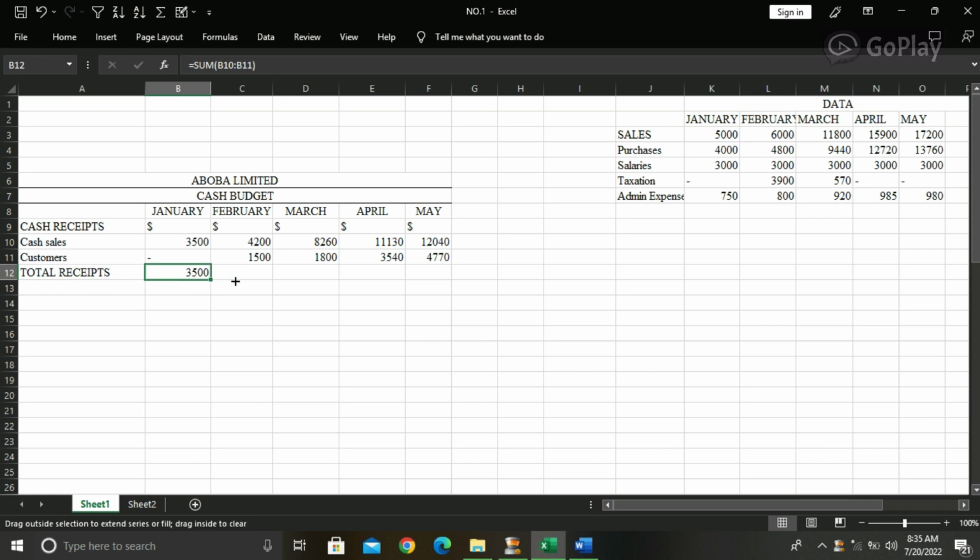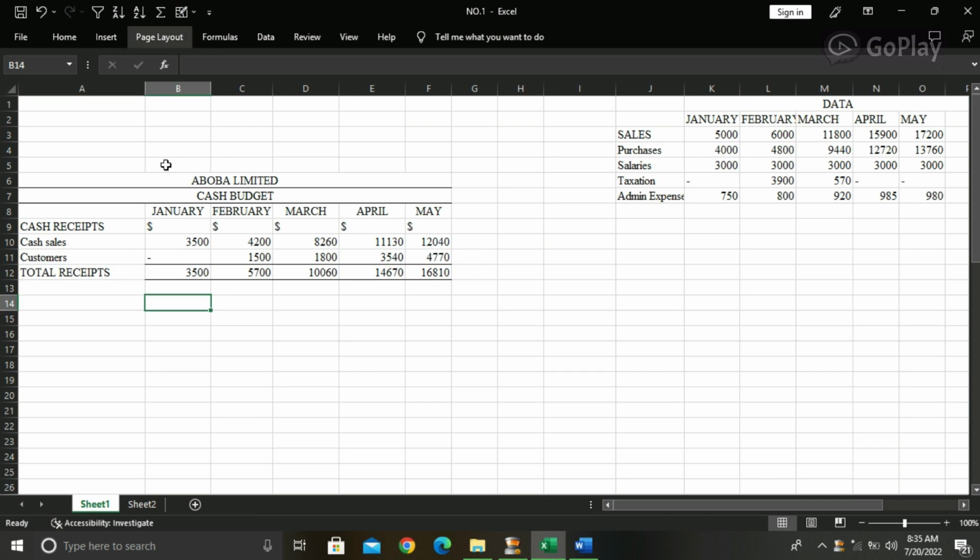After getting it for the first month, I'll just drag it, then it will calculate for the other months for me. So down here we have our total cash receipt. We just have to underline it carefully.